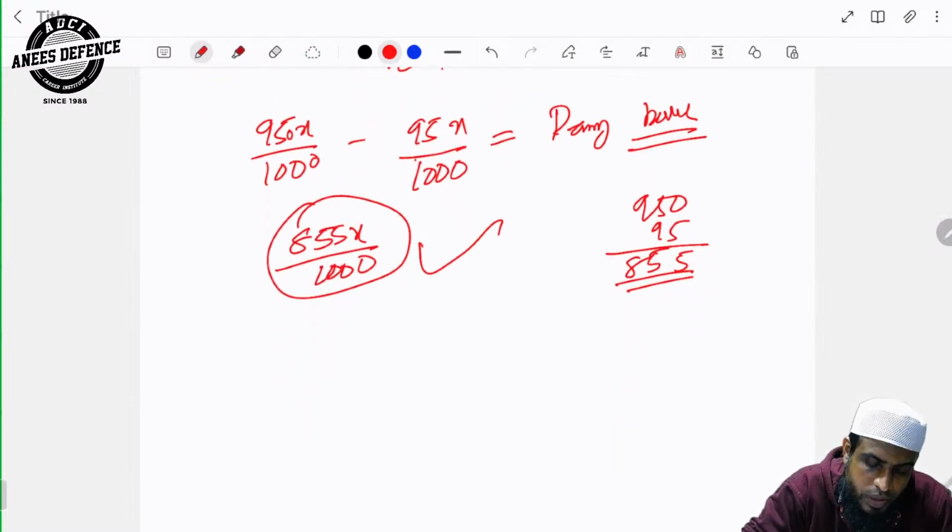50% of this is Sanskrit. Means 15 by 100 into 855x by 1000.